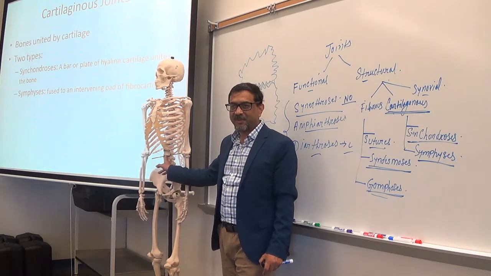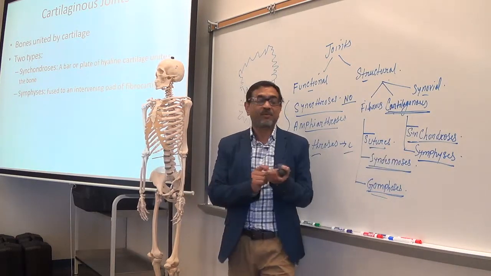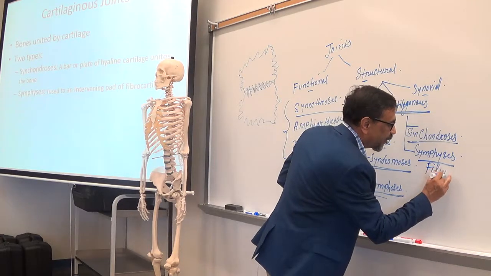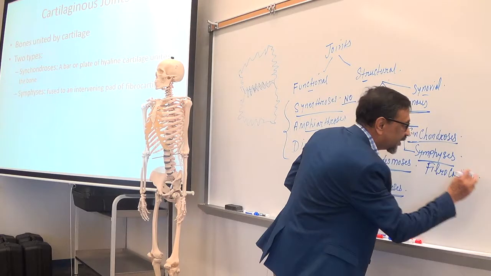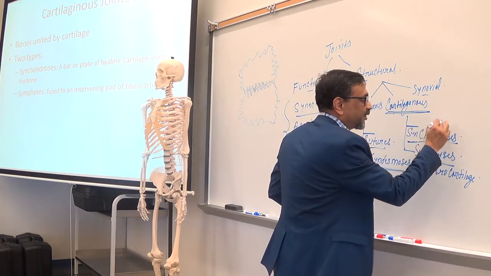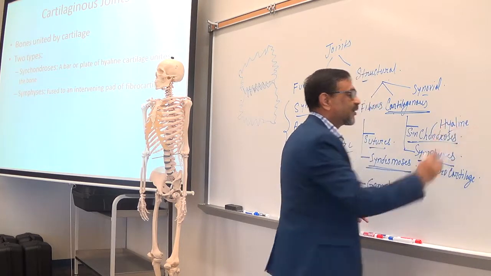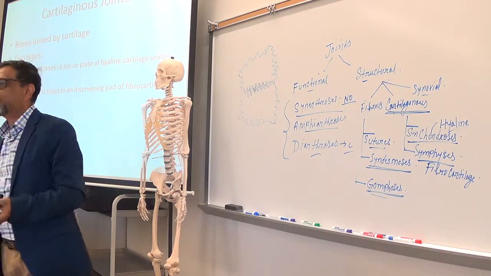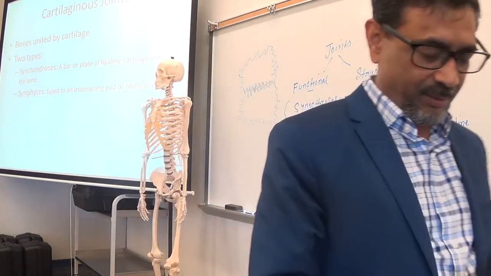So this is a symphysis. If fibrocartilage, that is symphysis. If hyaline cartilage, that is synchondrosis. Very simple. So that is the classification of the joints.